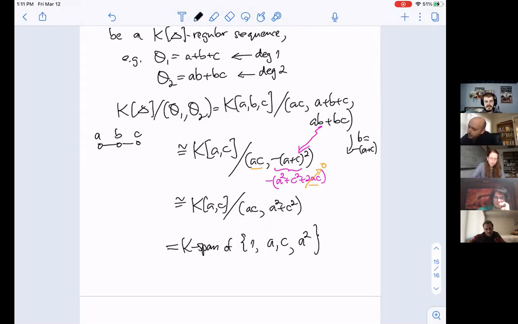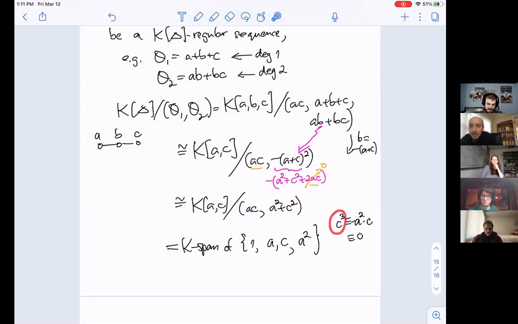For example, C cubed is A squared times C, negative A squared times C, because C squared is the negative of A squared. And then this is 0 because it's divisible by AC. That thing in the cubic part is 0 in this quotient ring.